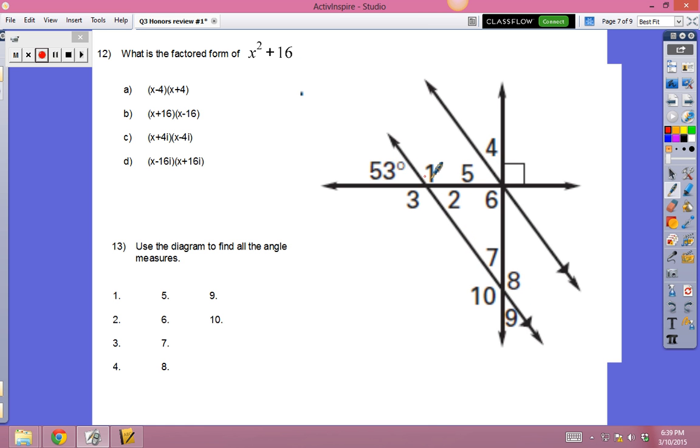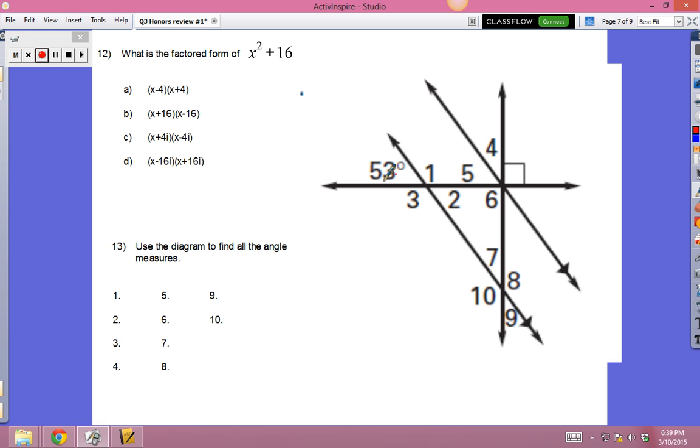So, angle number 1. Angle number 1 and 53 are on a straight line, so they're supplementary. They've got to add to give you 180. So 180 minus 53, angle number 1 is 127 degrees. Angle number 3 is vertical to 1, so angle number 3 is also 127.